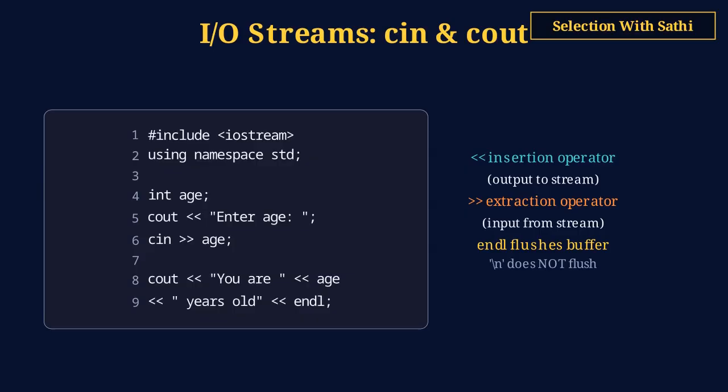You use the extraction operator, >>, to read into a variable. Endl outputs a new line and flushes the output buffer. \n just adds a new line without flushing, which is faster. You can chain multiple values, cout << "name: " << name << endl.